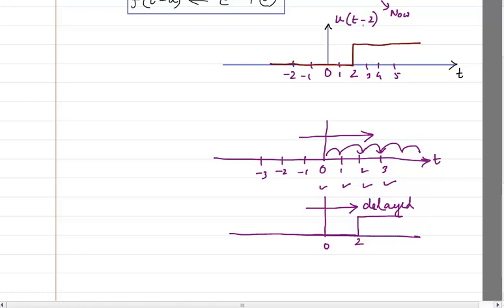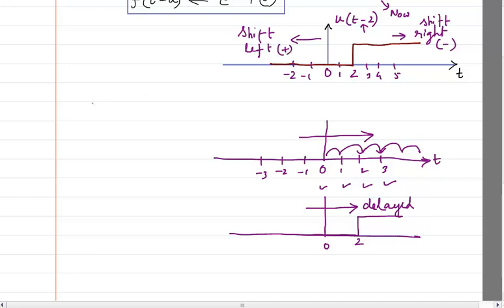That's why this minus sign is there, because we have delayed it by 2. If you shift it in the right direction, we have to put minus, and if you shift left, you have to put plus.